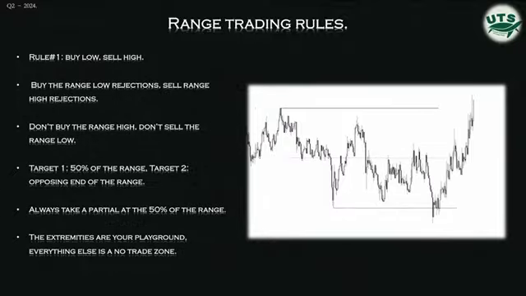And of course, validation off of the 50% by rejections, smacking into it. This one specific thick down close candle is the candle you're using to buy into to target the 50% and then the opposing end of the range.